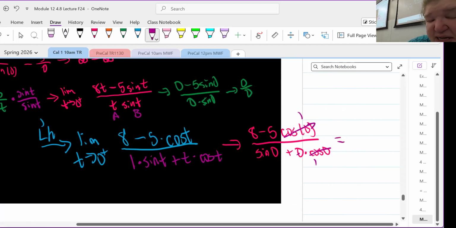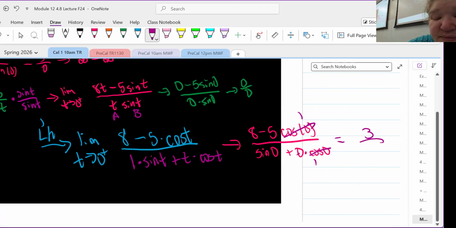So on top, it's just 8 minus 5 times 1 is 3. Sine of 0 is 0. Plus 0 times cosine of 0, which is 1, is 0. So we have 3 over 0.